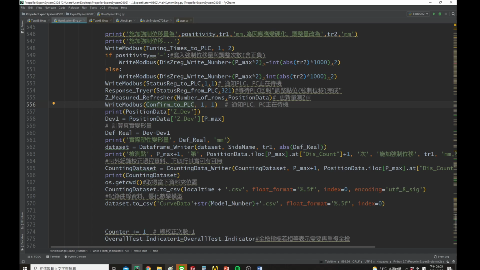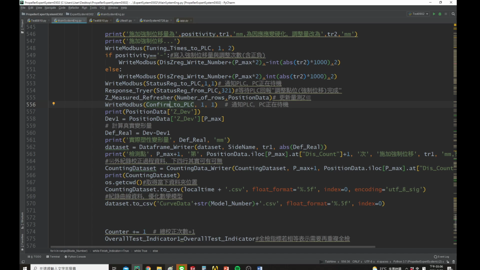So the idea is that we have the original value of the deviation, for example, 0.45. And after our tuning, the deviation becomes 0.26, for example. So we need to calculate the difference, and this is the real deformation value.